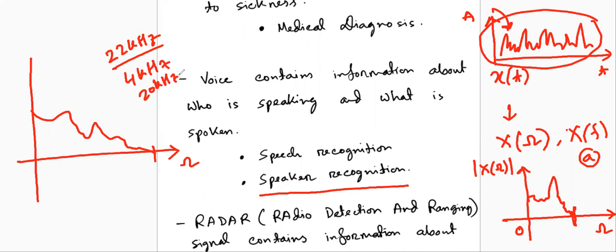Yes, according to the literature review, this is 20 kilohertz. That is the maximum. And it is very interesting to note that for females, the frequencies are higher than for males. So this is a typical statistic.